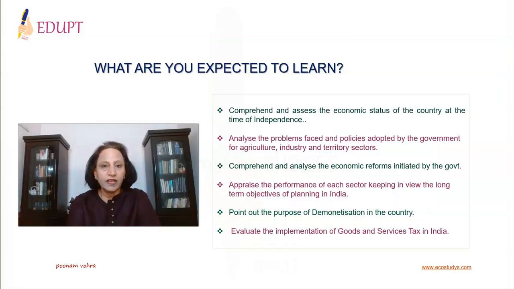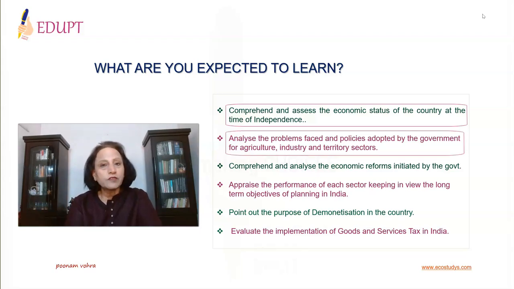In this entire unit, the learner will comprehend and assess the economic status of the country at the time of independence, will analyze the problems faced and the policies adopted by the government so far as agriculture, industry and tertiary sectors are concerned.